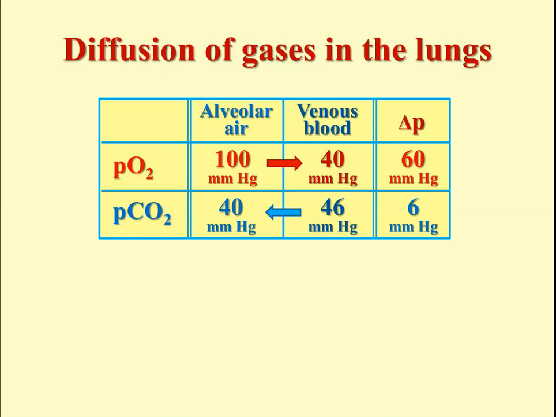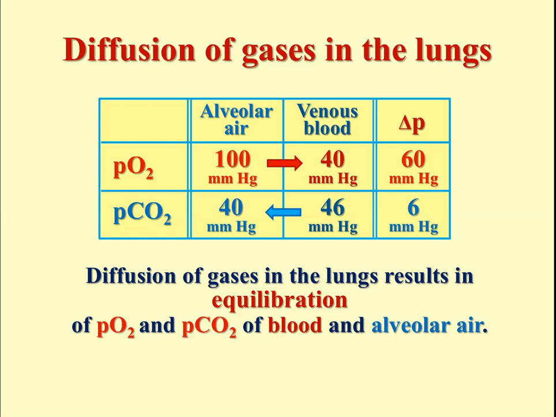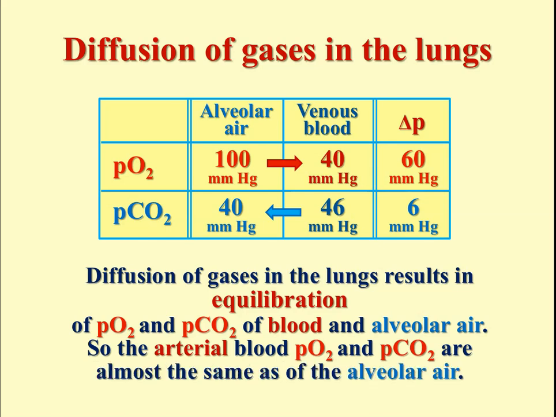And as a result of this diffusion, venous blood becomes converted to arterial, and the values of the blood become exactly the same or almost the same as of alveolar air. Diffusion results in equilibration of PO2 and PCO2 of blood and alveolar air. Therefore, arterial blood values of PO2 and PCO2 are almost the same as of alveolar air.